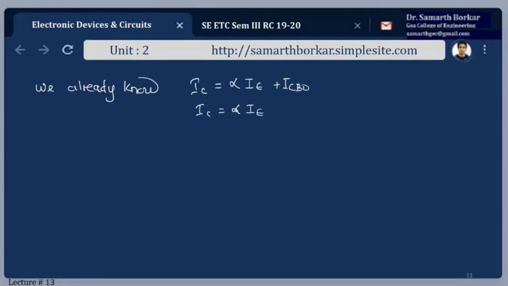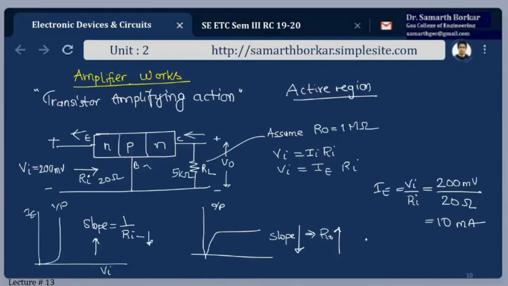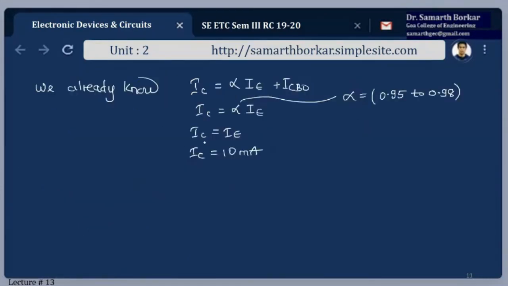If you recollect your basics, this alpha is in the range of 0.95 to 0.98. So I can write IC equals IE. IE is 10 milliamperes, and IC is as good as IE, 10 milliamperes.